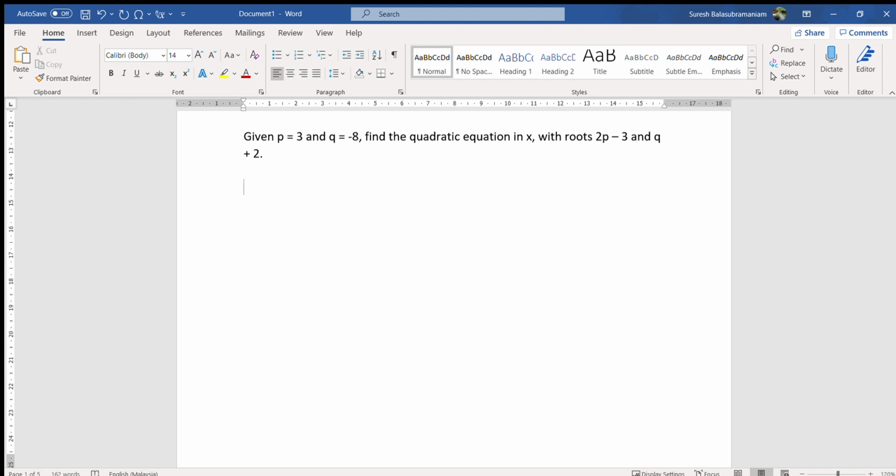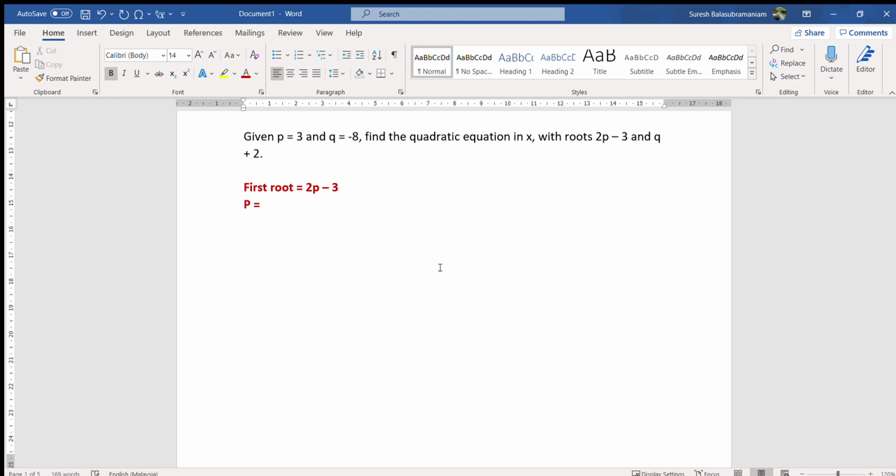Okay, so we have first root. Okay, I'll change the font. I change the color. First root is equals to 2p minus 3. And we know the value of p is 3.